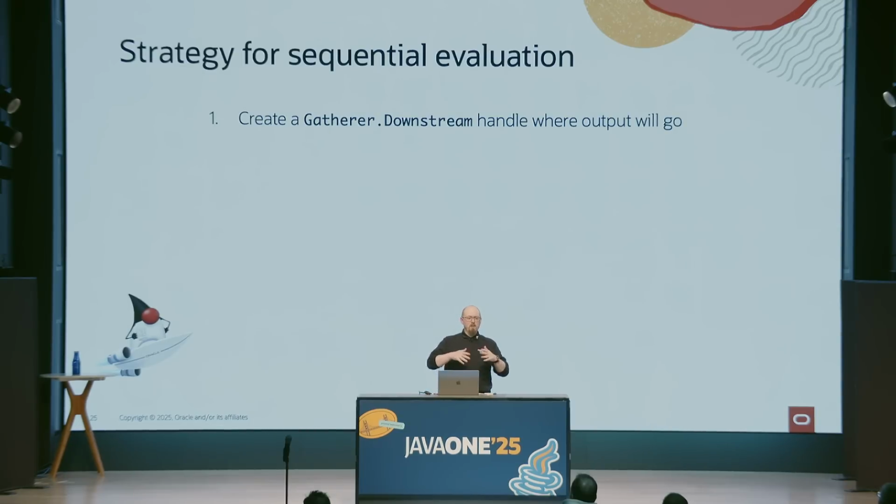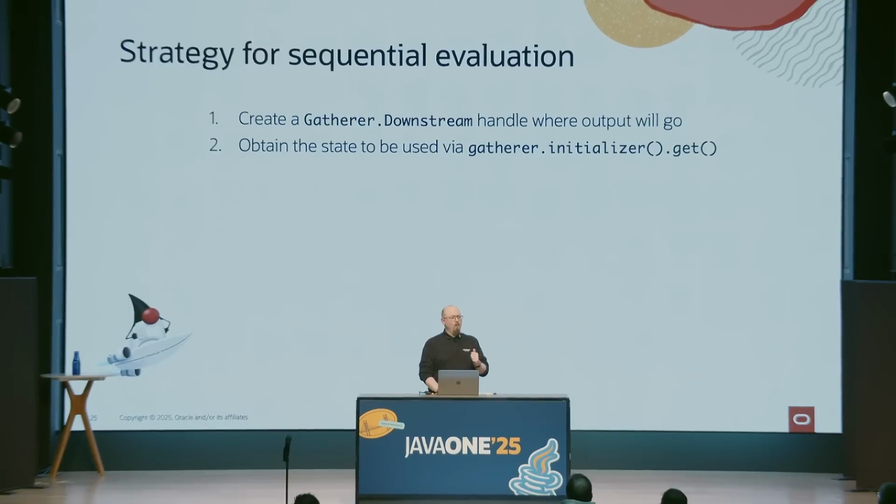First of all, if we want to evaluate this gatherer, we have to decide where the output goes. Where are we going to send the result of evaluating the stream? We need to define that first. And now we need to obtain the state that we're going to use. So we call the initializer method on the gatherer, and then we call get on that supplier, and now we have an instance of that state.